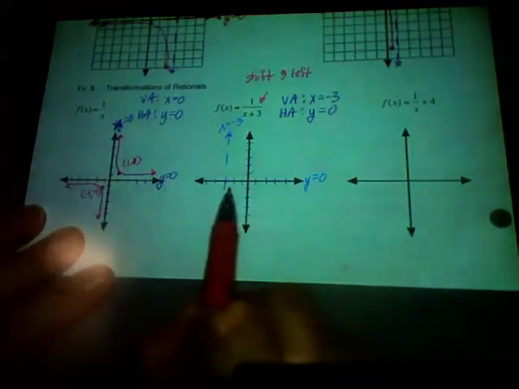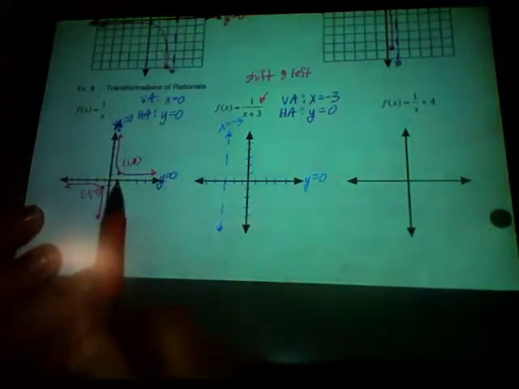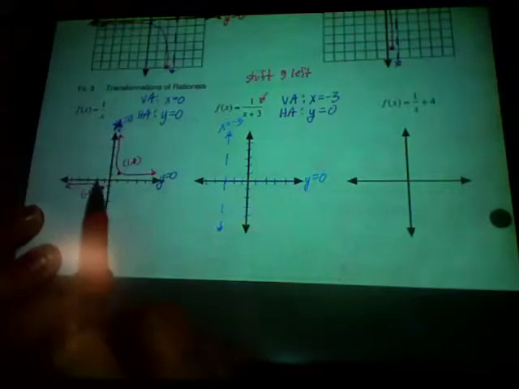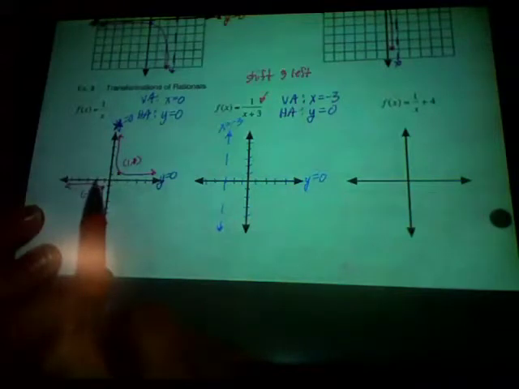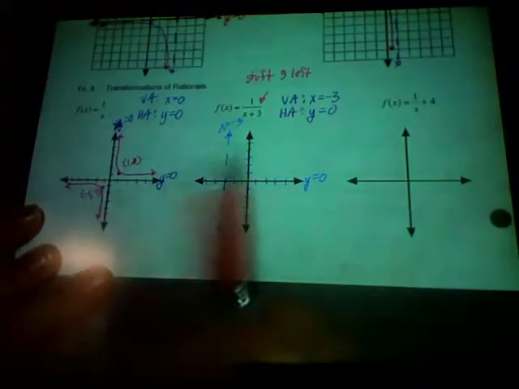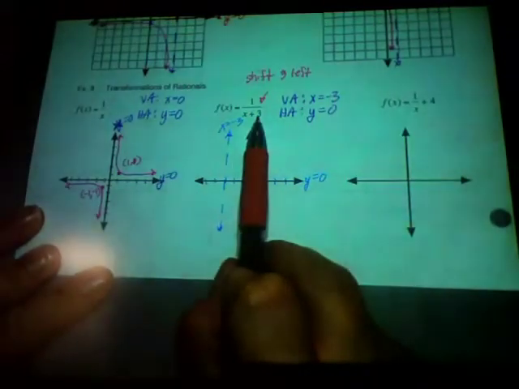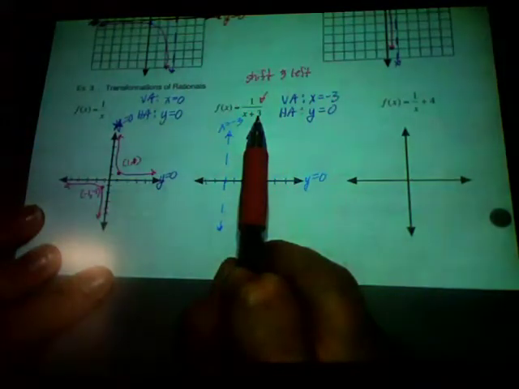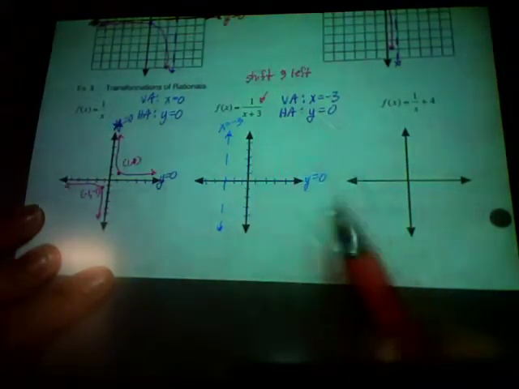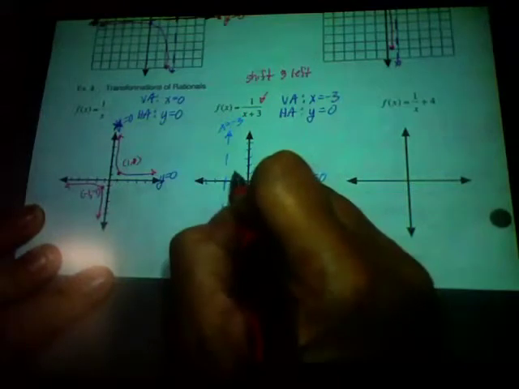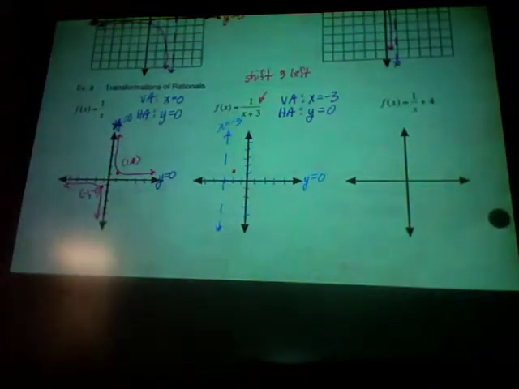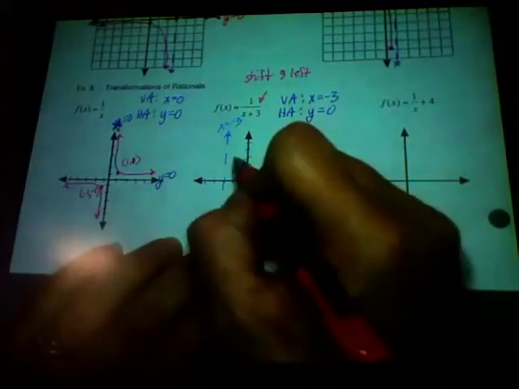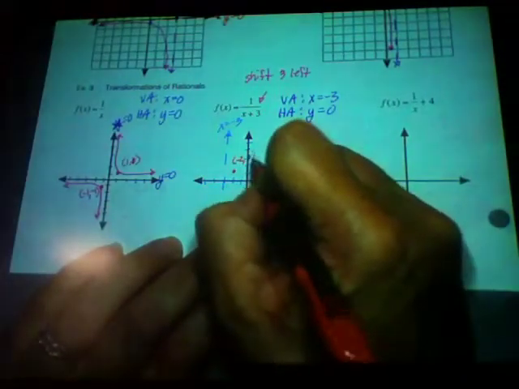So doesn't that mean that I move my x to the left 1, 2, 3? So if I chose an x of 1, I should now choose an x of negative 2. So what is negative 2 plus 3? 1. What's 1 over 1? 1. So we go 1, 2, up 1. So again, it didn't change the height of that point, but it just moved that point 3 places to the left, didn't it? So this is now negative 2, 1.